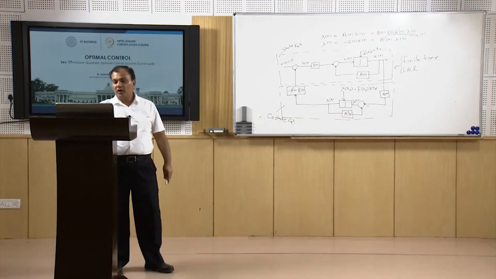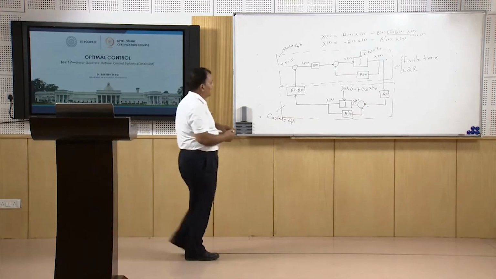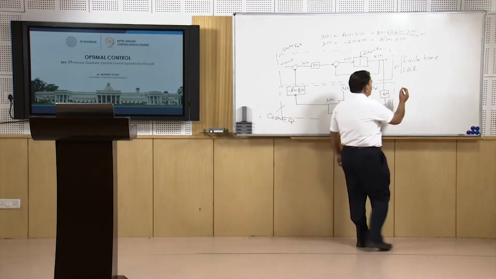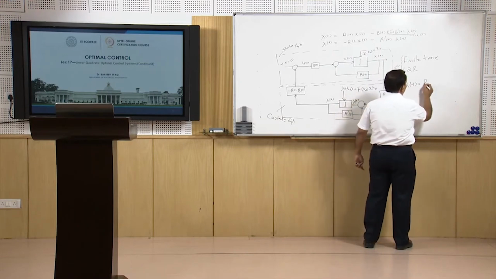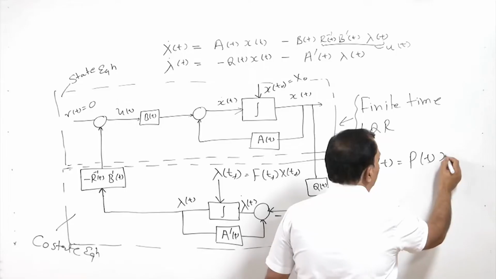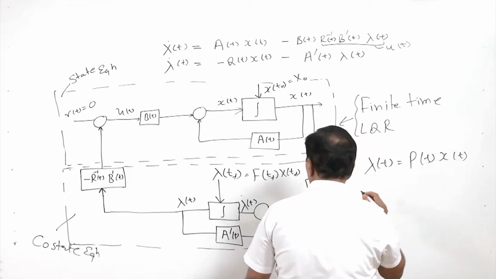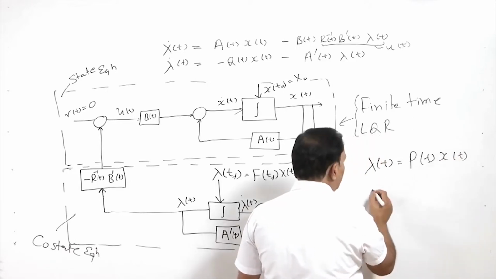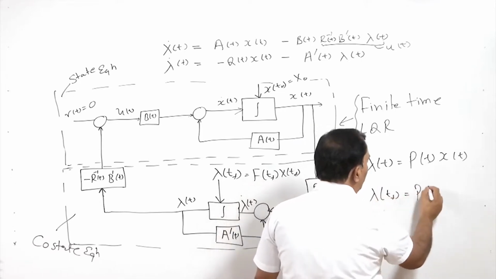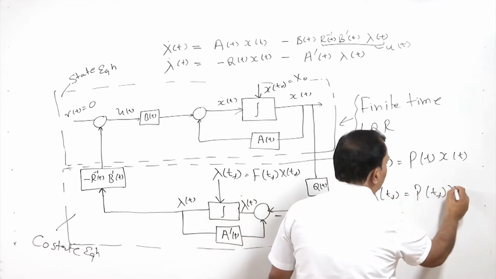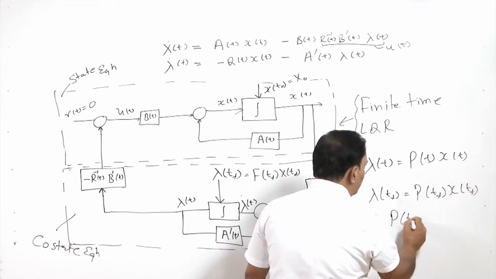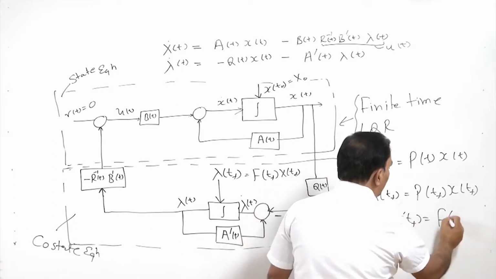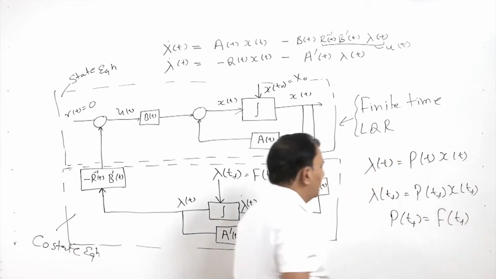So, naturally my P of Tf, if I will consider lambda t as Pt xt as we are considering, so at the terminal point my lambda Tf is Ptf x of Tf. So, this give me nothing but Ptf equal to f of Tf.